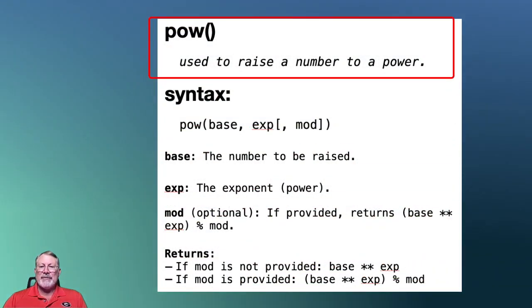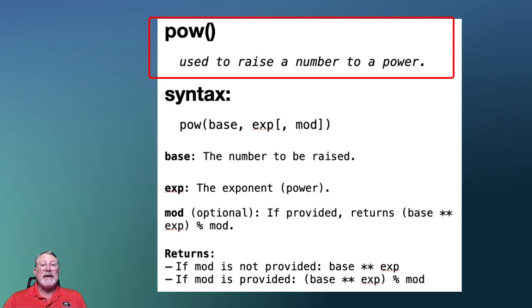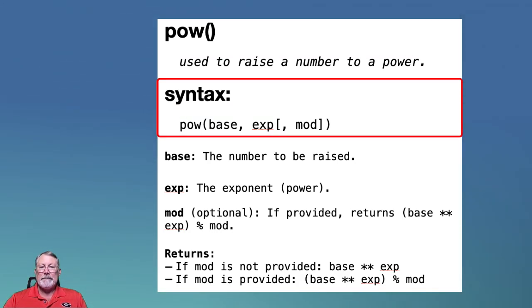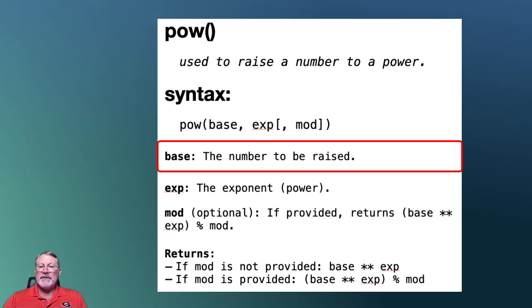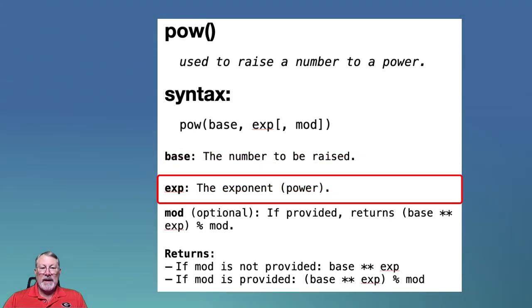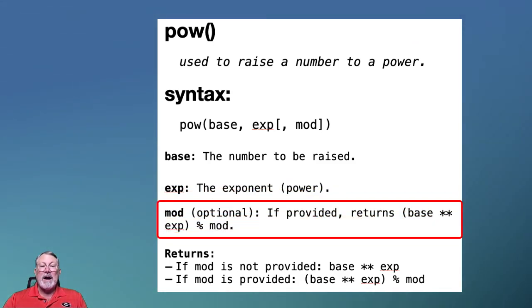It's a Python built-in function that performs exponentiation and can optionally calculate a modulus. Here's the syntax. The argument base is the number that you want to raise to a power. The argument exp is the exponent to which the base is raised. Optionally, you can include the mod argument.